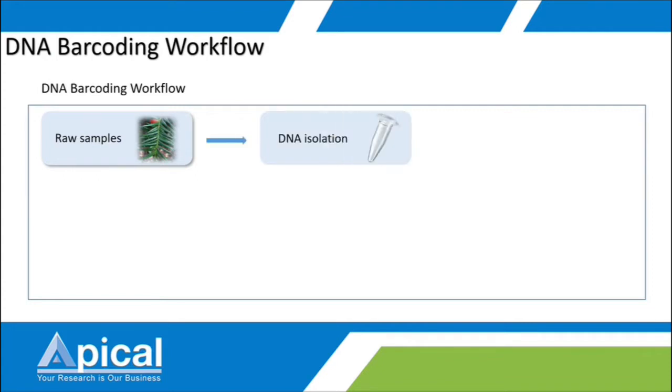Then is DNA isolation. One important point to remember is that for DNA barcoding, you will need to make sure the sample is a pure isolate so that you can get good sequencing results at the end of the study, which will allow you to analyze and then identify the species.